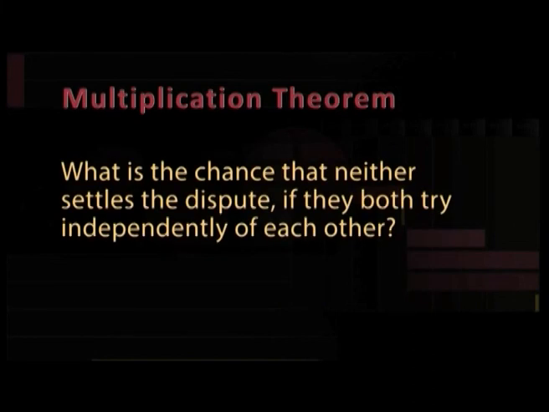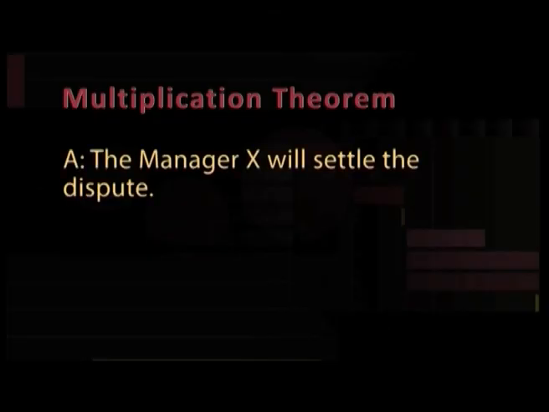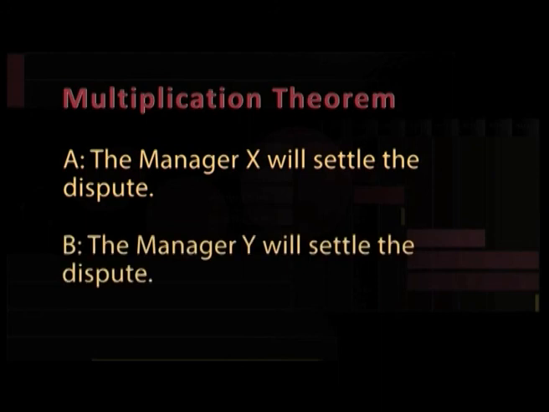What is the chance that neither settles the dispute if they both try independently of each other? For this problem, let us define the events as follows. Event A, the manager X will settle the dispute. Event B, the manager Y will settle the dispute.